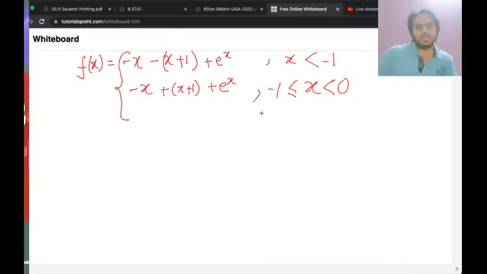Now comes the last case, when x is greater than or equal to 0.